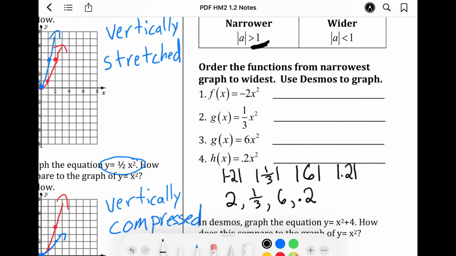So the greater it is away from 1, the narrowest it's going to be. So we want the biggest number to be our number 1. Well, which number is bigger? 6. So that's going to be our narrowest. So 1, and that's going to be narrowest.